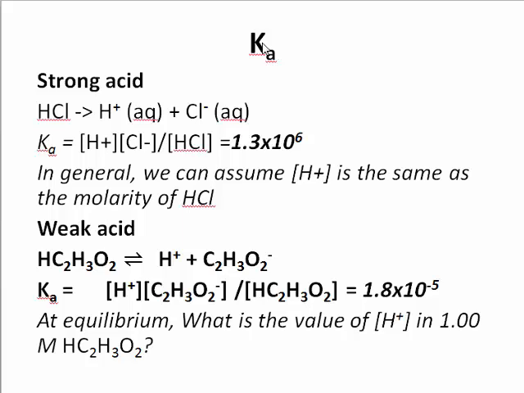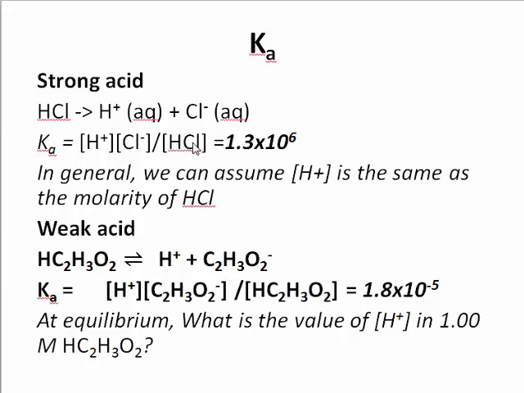Now let's consider the issue of the equilibrium constant for the dissociation of the acid. You know that a strong acid like HCl goes quote-unquote all the way to the right, completely dissociates. In fact, Ka for this reaction is 1.3 times 10 to the 6. Notice that the H+ and the Cl- concentrations are in the numerator of this expression.